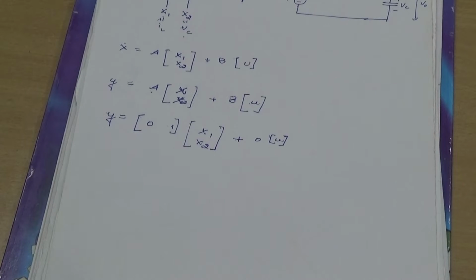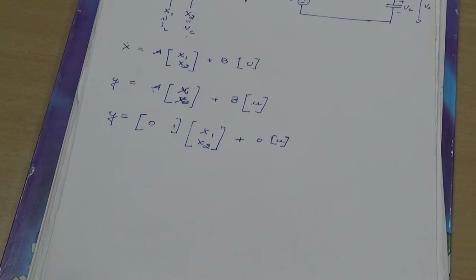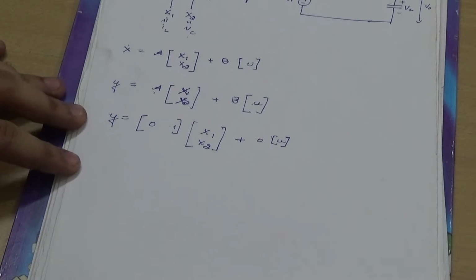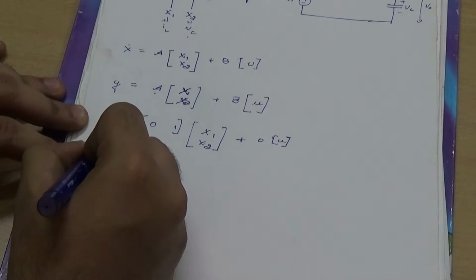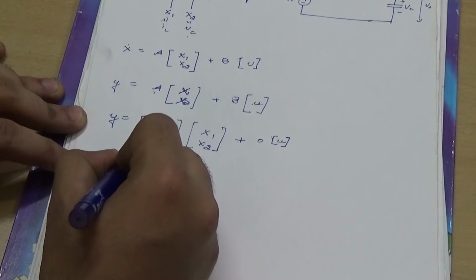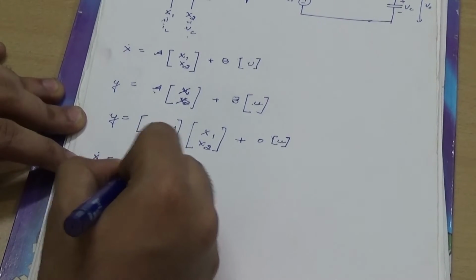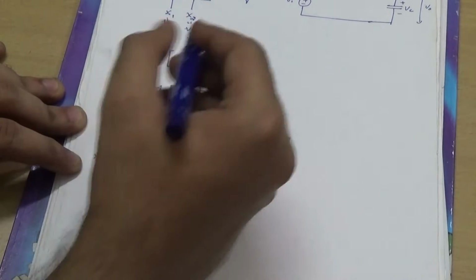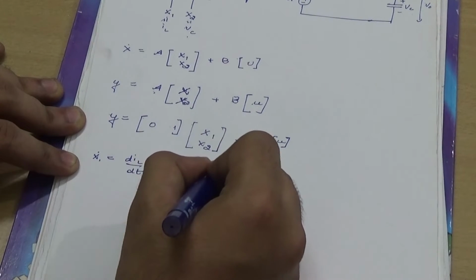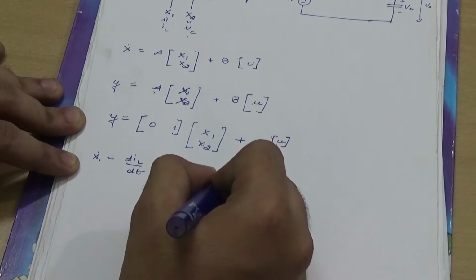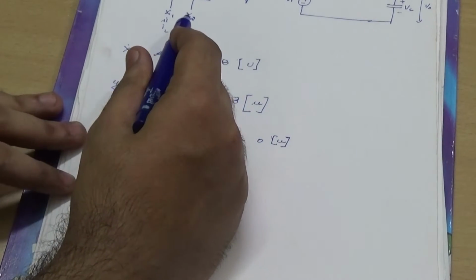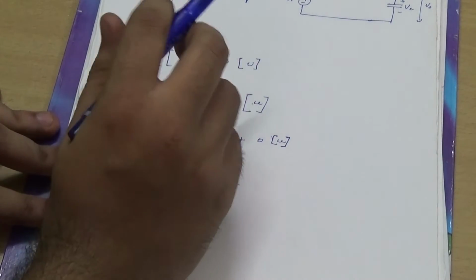Now let us write the state model equation. How do we write it? The x1 dot represents dIL by dt, because IL is x1. Similarly, x2 dot is always equal to dVc by dt, because x2 represents Vc.